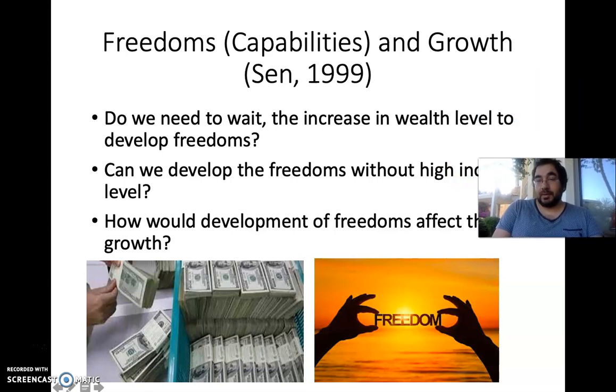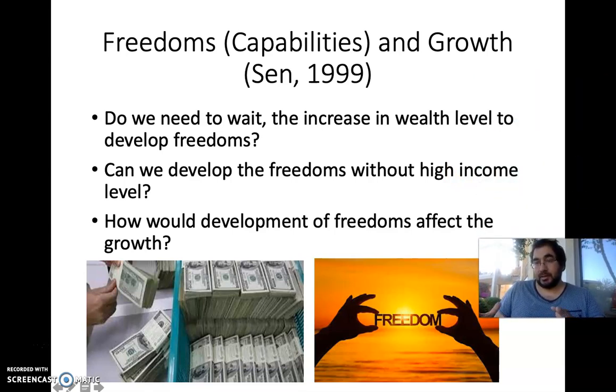In the case of Amartya Sen, he is just the very beginning of this approach, and his question has been a basic one. On the one hand, you might think of the increase in wealth level, increasing the GDP production level of the society.